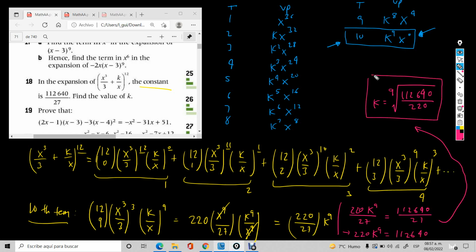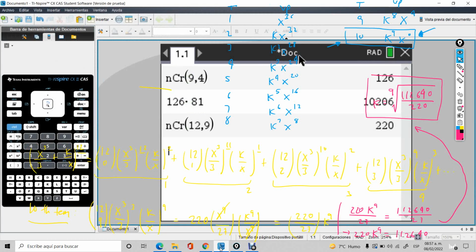Okay, and if you want to look for an approximation of this number into decimals in case you need it for some reason, okay, let's do it. Let's open the TI, and let's go here. Okay, you're going to do the following. Let's open the structure for the index, which is right here.